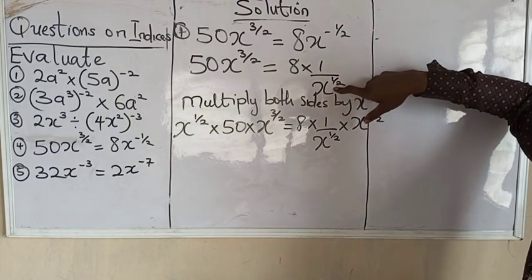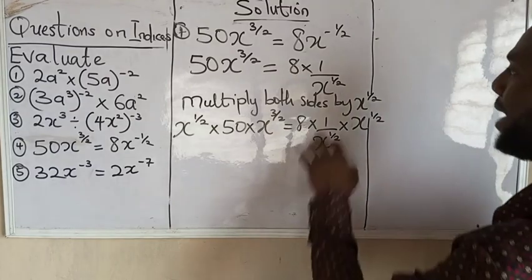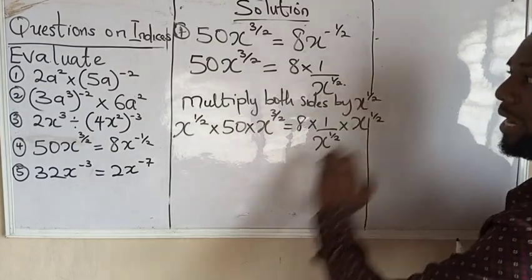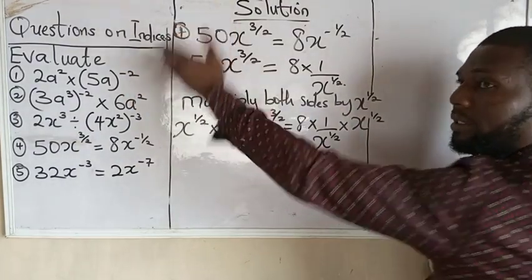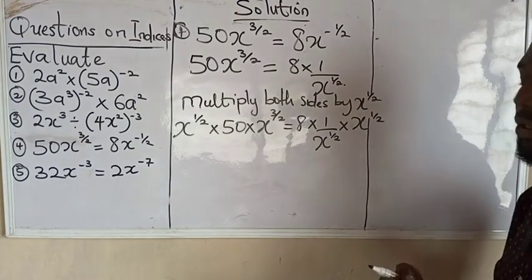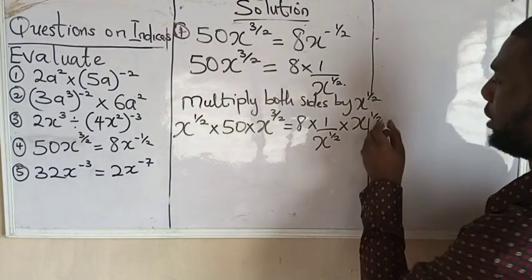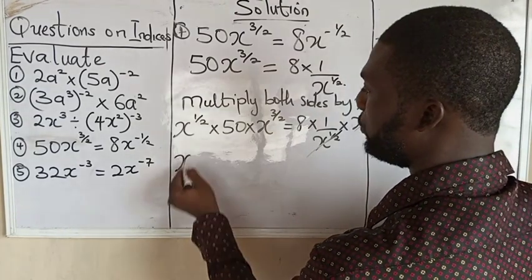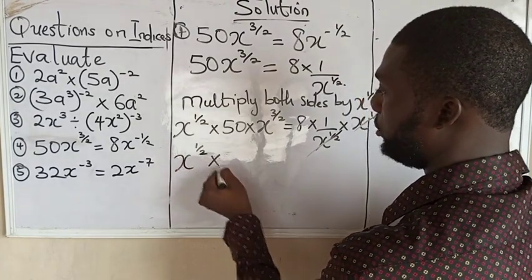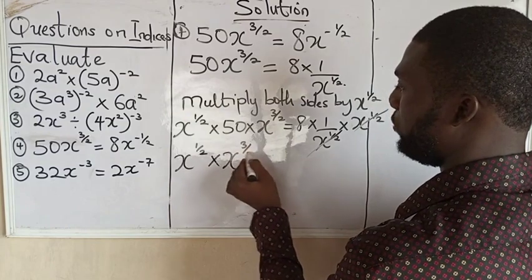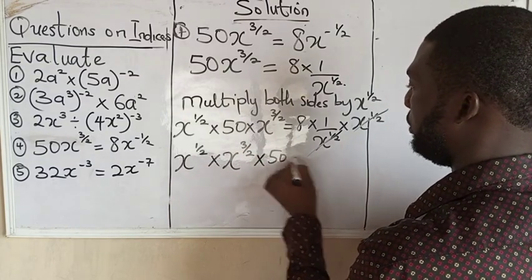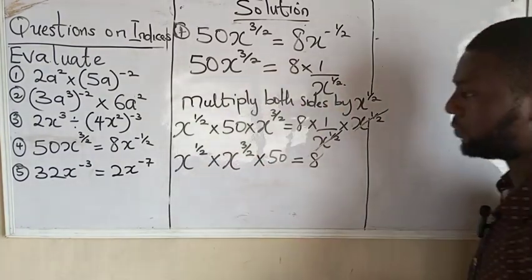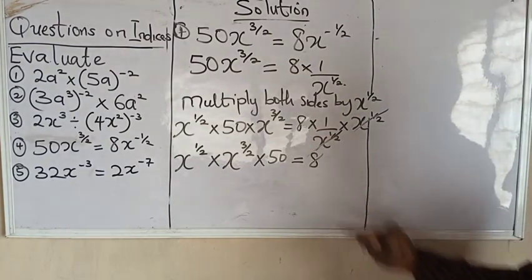Why am I getting rid of this denominator? So that at the end of the day, I can find what I am multiplying both sides with on the other side, in order for the x to be together. When I cancel this, I have x raised to power 1 over 2 times x raised to power 3 over 2 times 50 equals 8. Aha. So now we have 8.